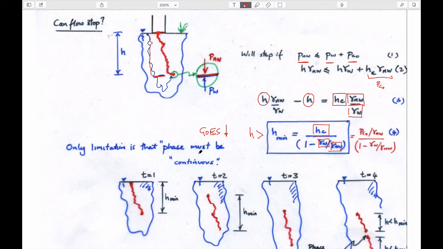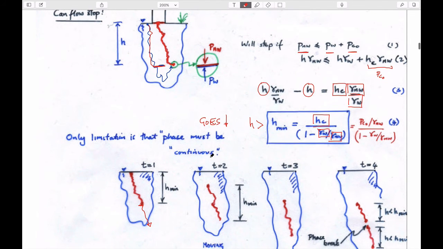Stupid annotation, but makes the point. So that means if it goes at h min, then as it gets longer, it'll still keep on going. There's nothing really stopping it from keeping on going.